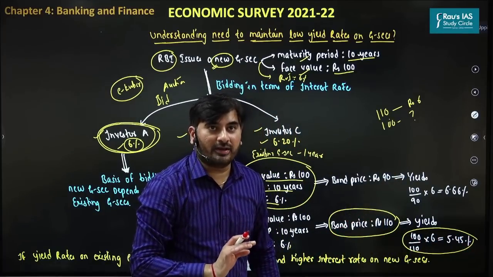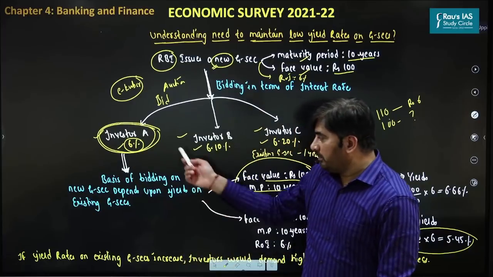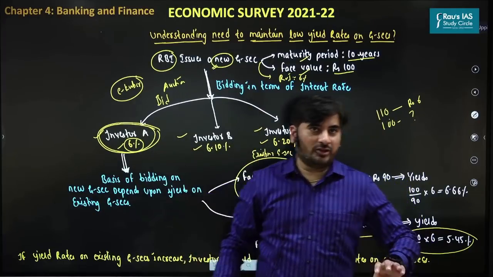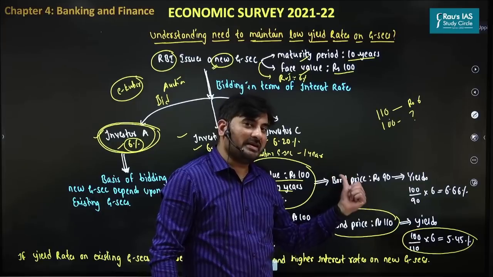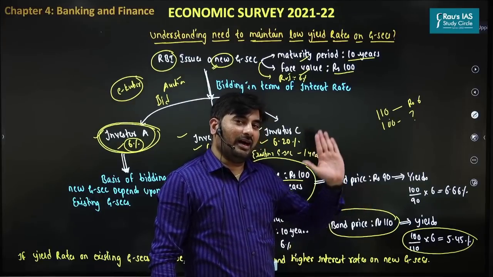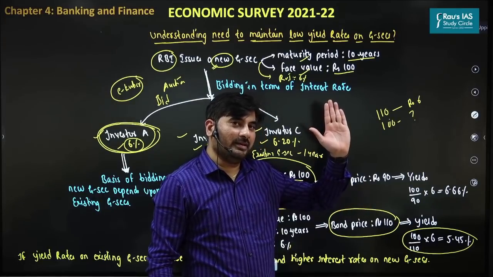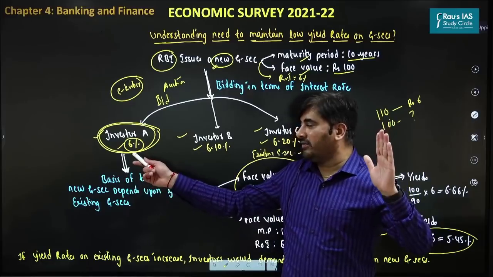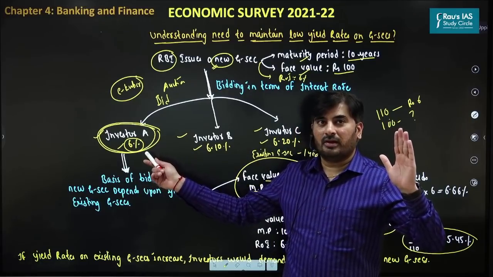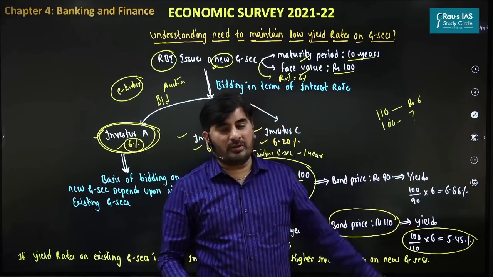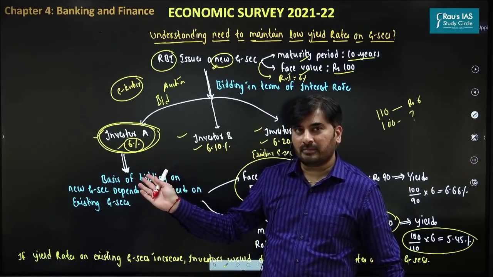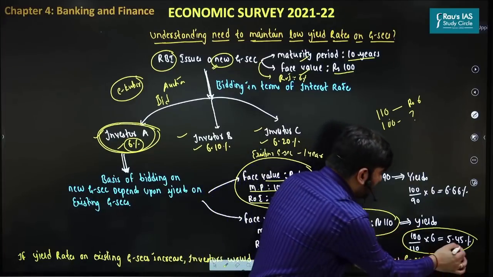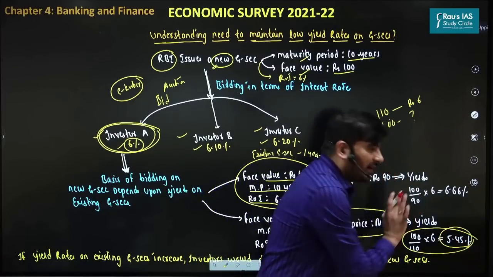Are you getting this point? So when you are placing your bid, you will take into account how much returns you are getting on your existing government security. If you are getting higher returns on the existing government security, you will ask for a high rate of interest on the new government security. If you are getting a low rate of interest, then probably you'll ask for a low rate of interest on the new one. So let's say on the existing government security, he's getting 5.45.